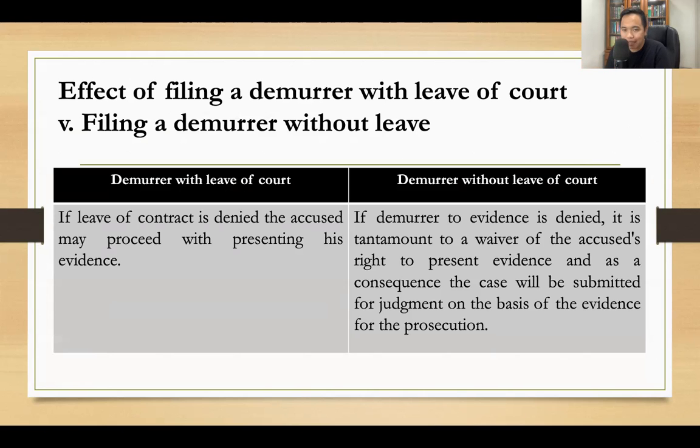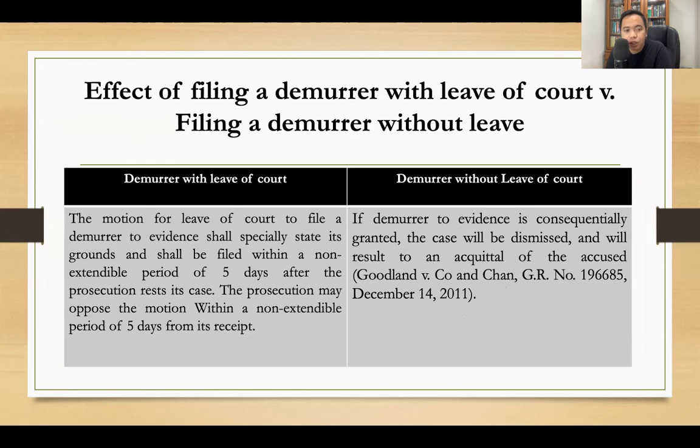On the other hand, class, remember that if demurrer to evidence is filed without leave of court, and that motion is denied, then it will amount to a waiver of the accused to present evidence. The right of the accused to present evidence will be considered waived, and therefore, the case will now be submitted for judgment on the basis only of the evidence for the prosecution.